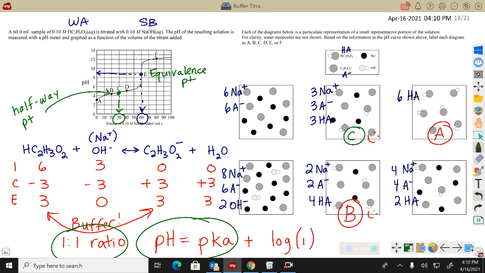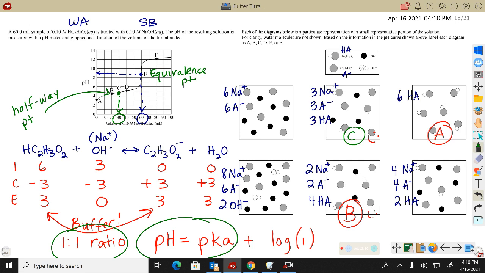Or sometimes they'll call it the half equivalence point. It's exactly what it is. It's halfway to the equivalence point. And it's such a special point. So if I knew that the equivalence point was at 60 milliliters, if I take half of that, I'd be at point C, 30 milliliters. We'd be at the halfway point in the titration.